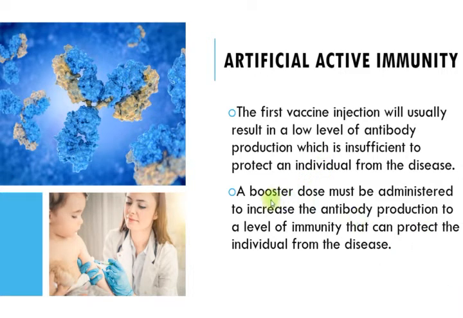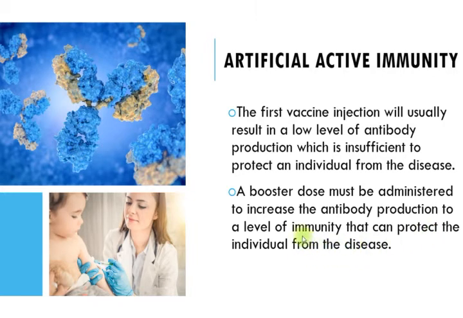So a second dose, which we call a booster dose, must be administered to increase the antibody production to a level of immunity that can protect the individual from the disease.